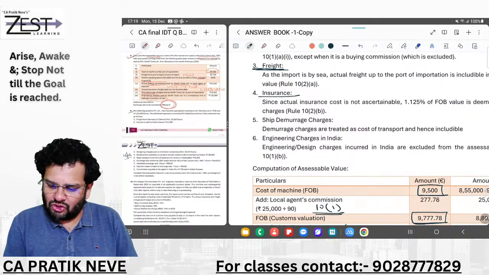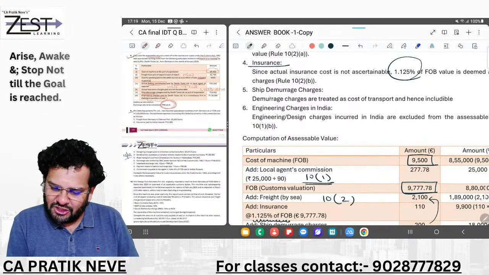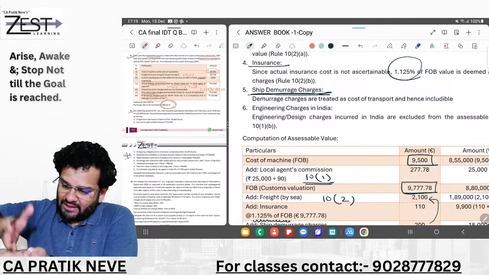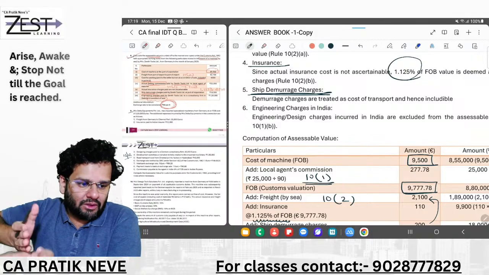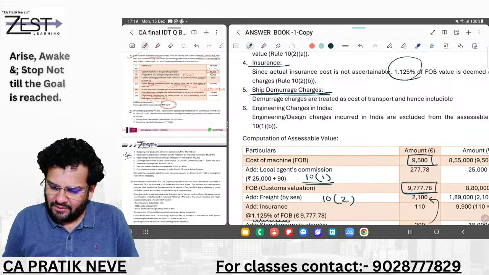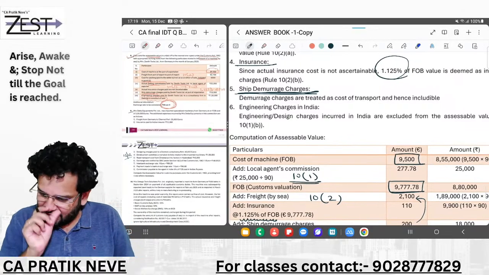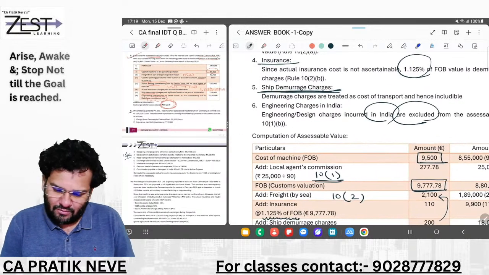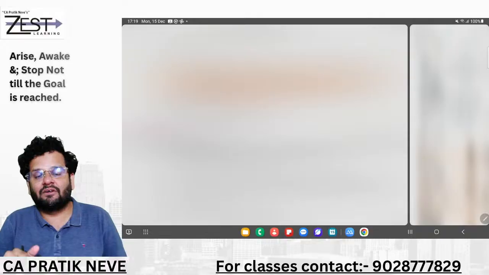Insurance also was not given. Ship demurrage charges were not paid post importation. They were till the goods were imported, so they were included. And engineering charges incurred in India are excluded from the assessable value, because they were incurred in India.